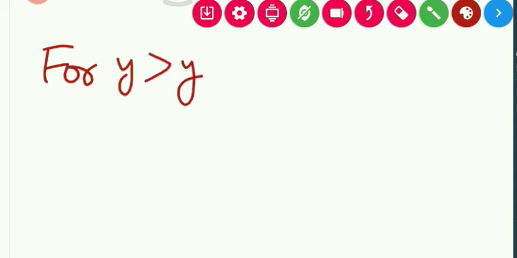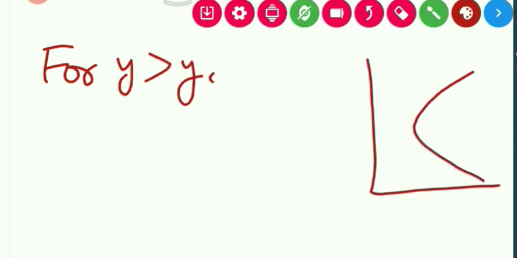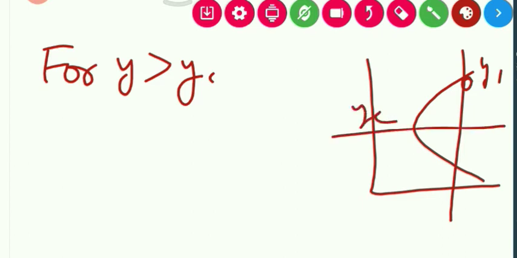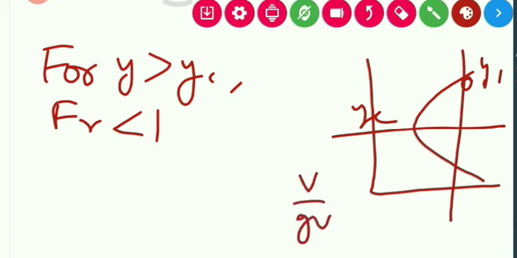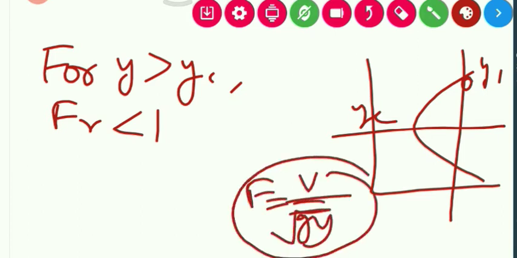For y greater than yc, Froude number is less than 1 from this formula V by under root gy. If y is greater, then Froude number is smaller; if Froude number is greater, then y is smaller.